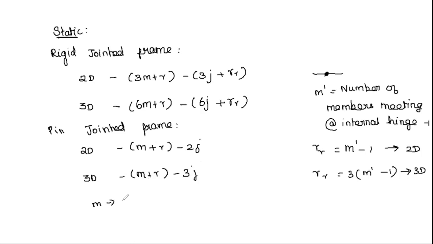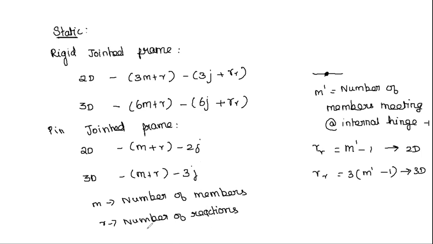Where M is number of members, R is number of reactions, and J is number of joints. For every GATE and ESE exam, you will definitely have questions on finding static indeterminacy and kinematic indeterminacy of the structure, and the questions will be up to the standard level.